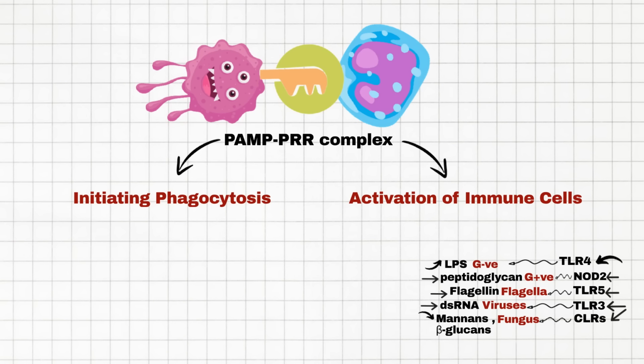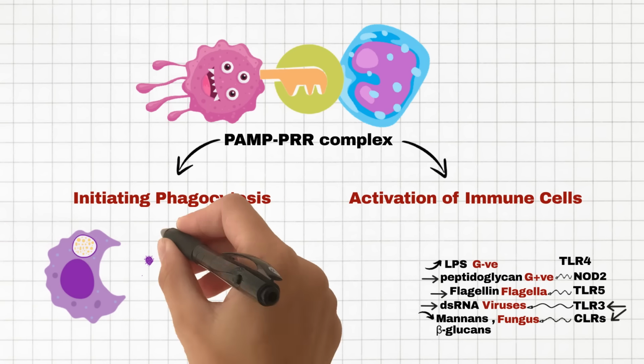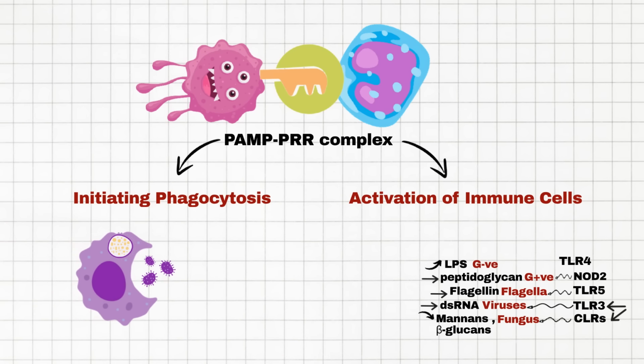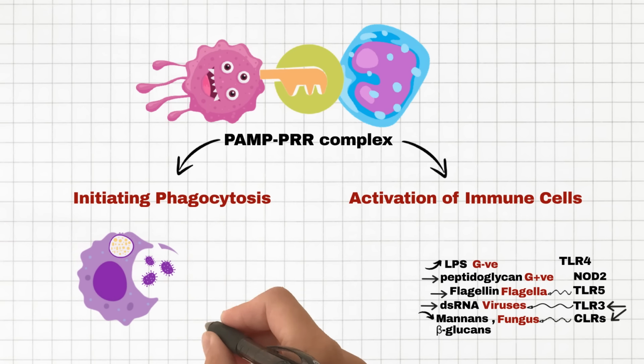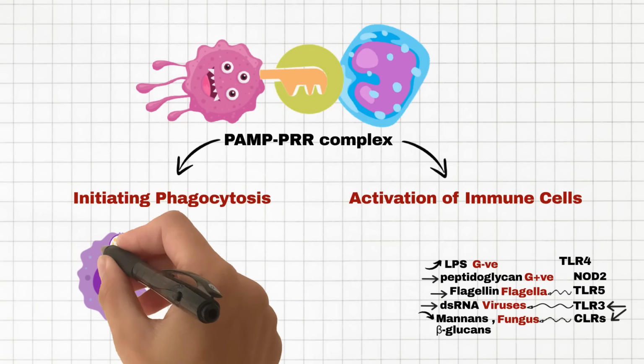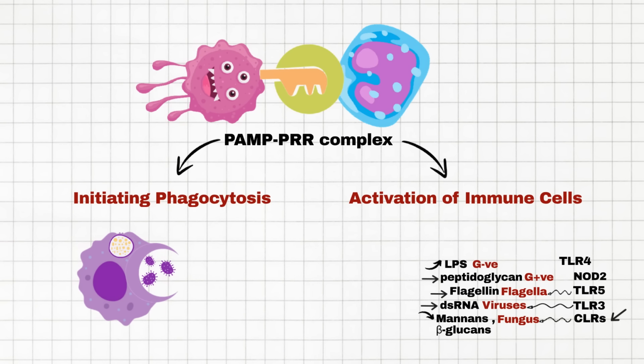When pathogen-associated molecular patterns bind to pattern recognition receptors on phagocytic immune cells like macrophages and dendritic cells, it triggers signaling pathways that prepare the cell for phagocytosis. This involves cytoskeletal rearrangements that enable the immune cell to engulf the pathogen into a structure called a phagosome.